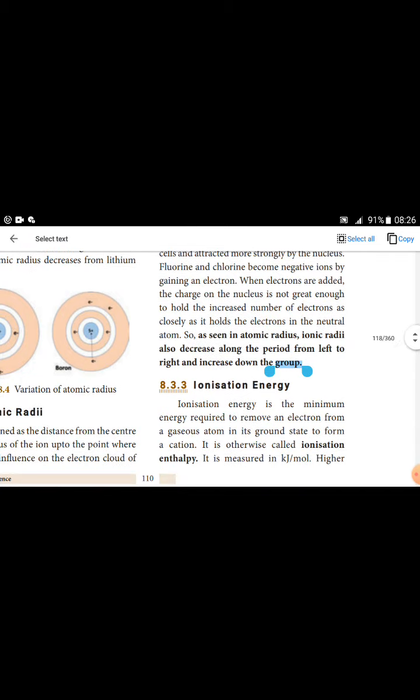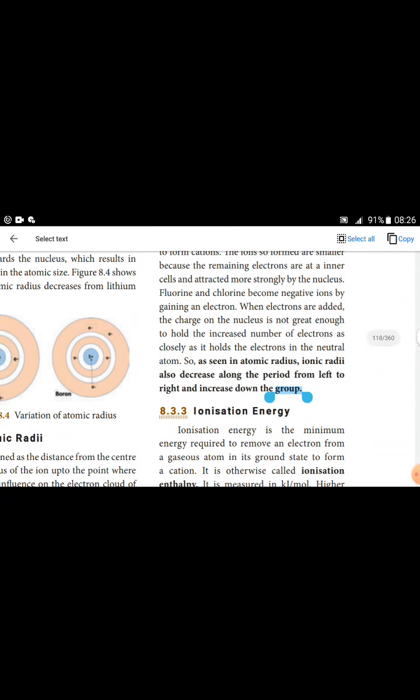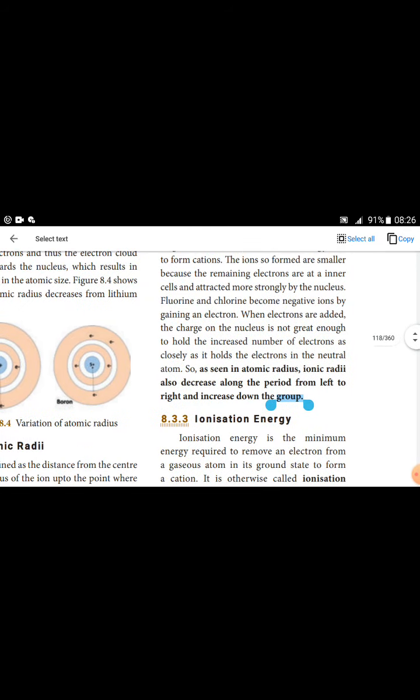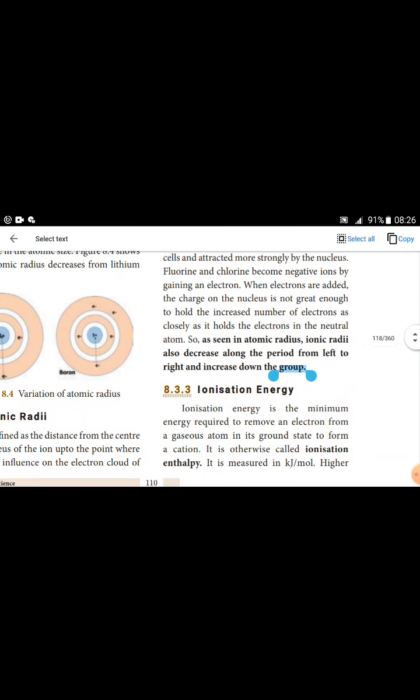So when electrons are added, the charge on the nucleus is not enough to hold the increased number of electrons as closely as it holds the electrons in the neutral atom. In the neutral atom, the electrons are closely packed because there is the same number of protons and electrons, so there is neutralization. So there will be no change in the electron cloud or in the size of the atom.